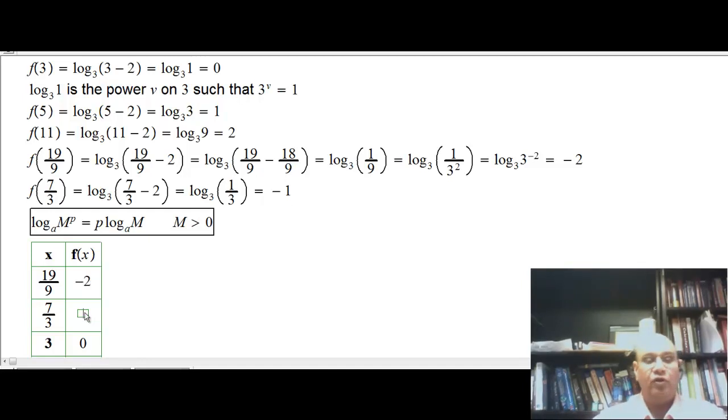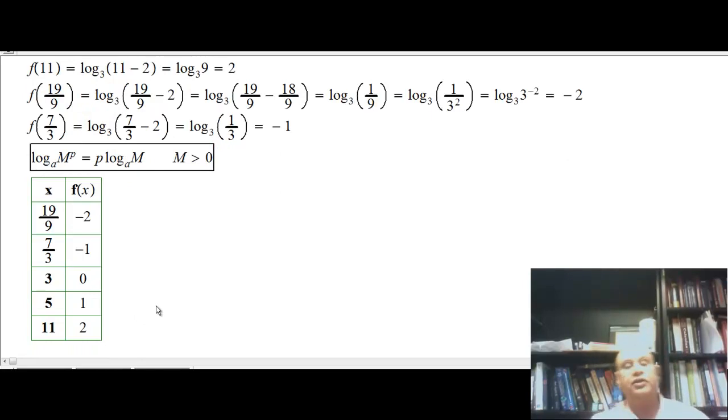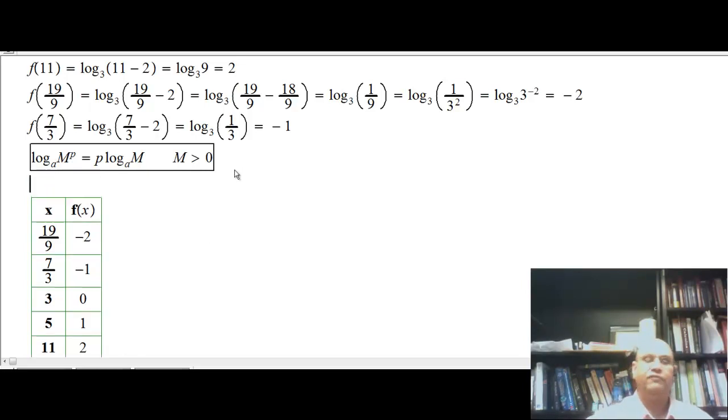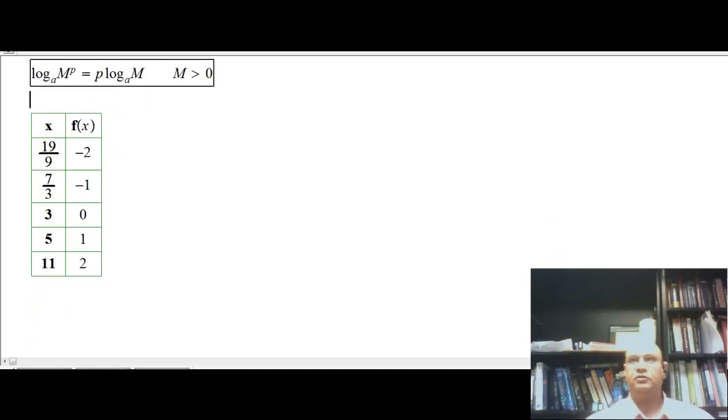Now, we could have verified this by our calculator in the following manner. Let's do the function that you have on your calculator, because there's a very simple rule.